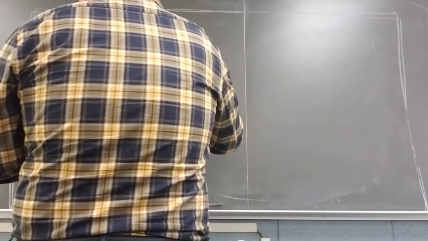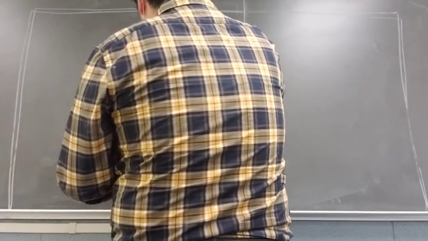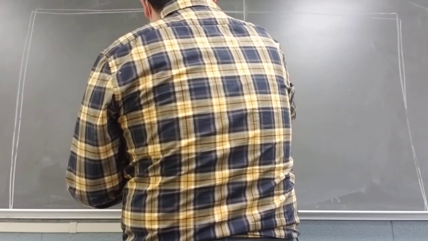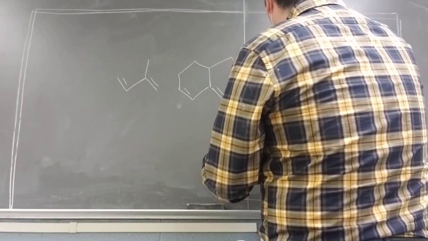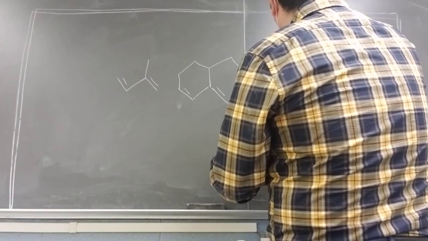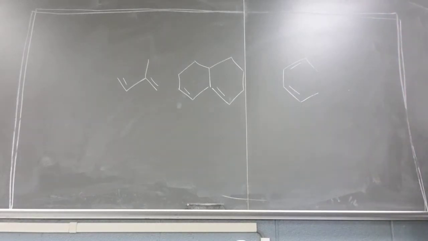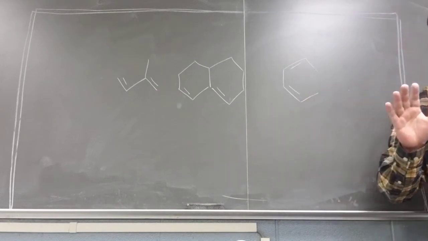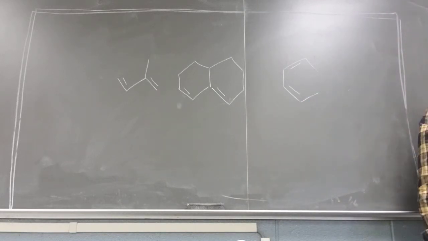Maybe another question I might put on the exam looks like this. If I give you these 3 compounds, which is the only diene that can be used for Diels-Alder reactions?